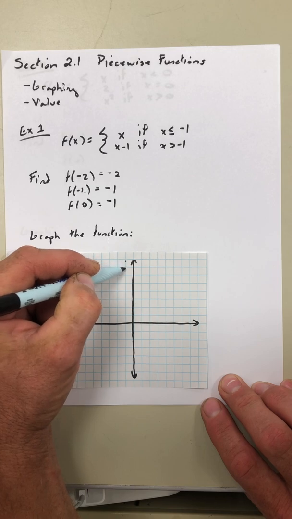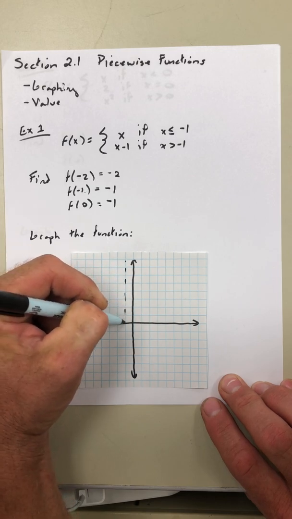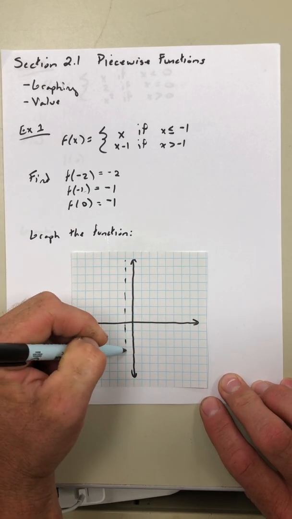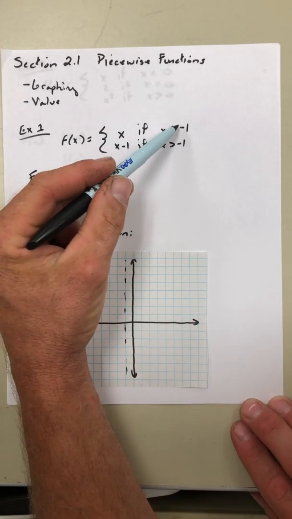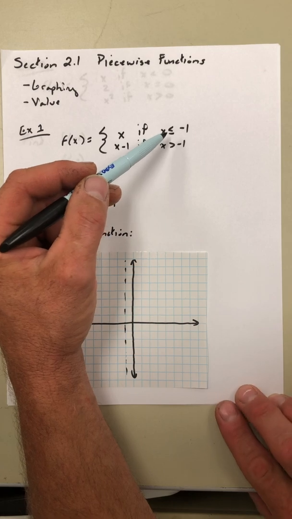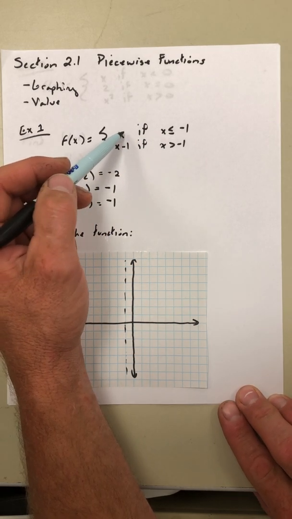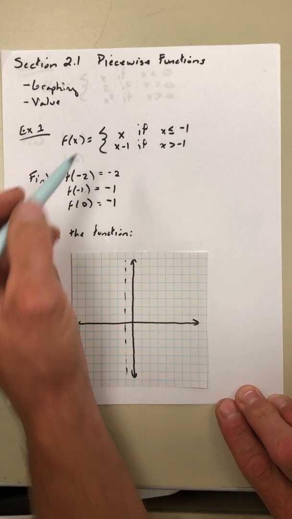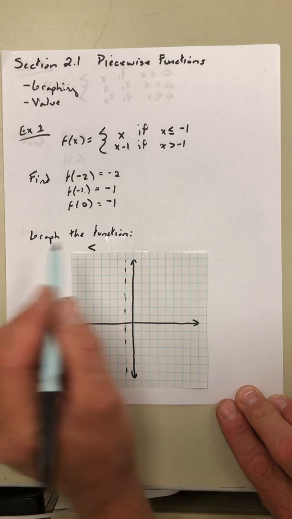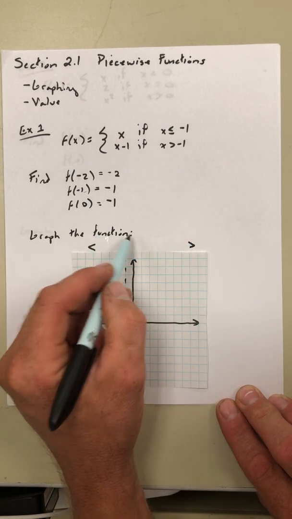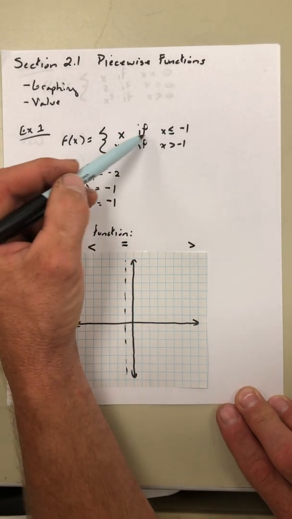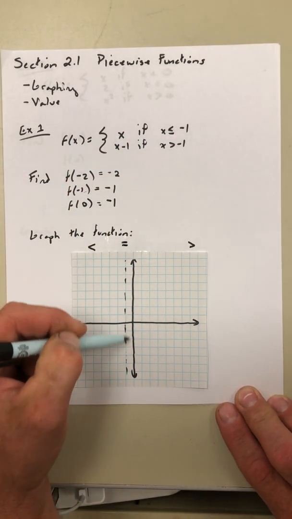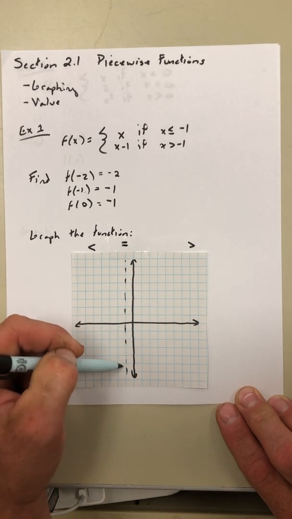So we could draw maybe an imaginary line down through here, not required, through -1. We know that when x is less than or equal to -1, we're at x. x is a linear function. We have the less than side here, we have the greater than side here, and the equal to side here. So this graph is going to exist in this portion, including this line.